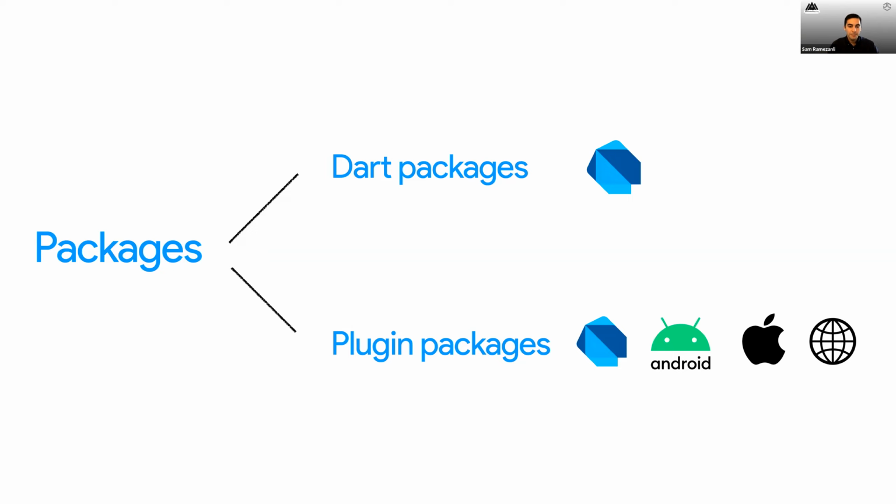And so the structure of these packages is pretty much the same, except the only difference is that a plugin package has implementation for Android and iOS or web or whatever platform you're supporting, but Dart packages don't.